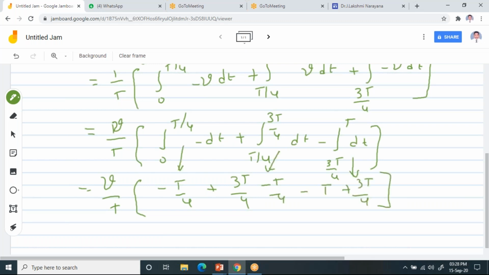Now if you solve all this, you will get 3T by 4 plus 3T by 4, and if you take LCM, you will get plus 6 and minus 6, and TT gets cancelled. Finally, the value of a naught becomes 0.